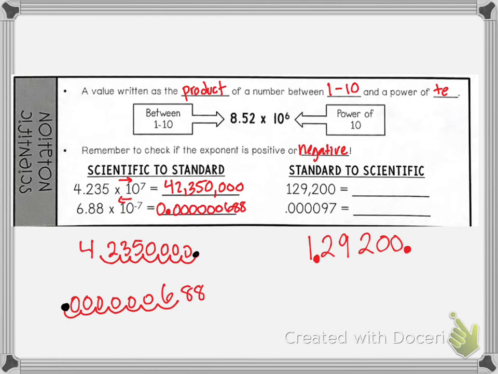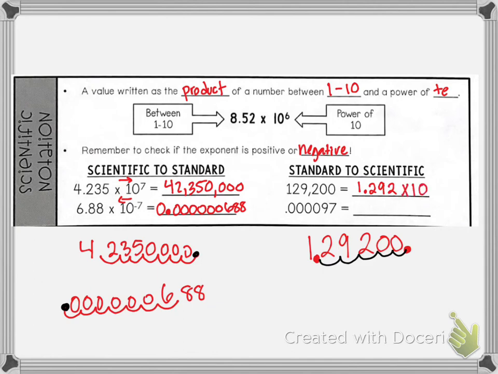Okay, so I'm going to count 1, 2, 3, 4, 5. It gives me 5 jumps. I am going from big number to small number, right? So let me put this as 1.292, and we're going to multiply by 10.